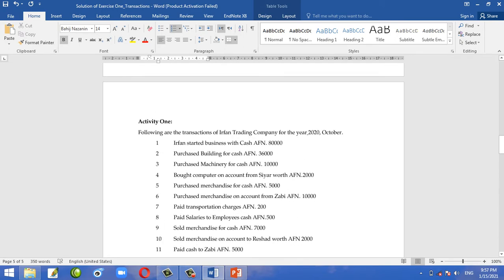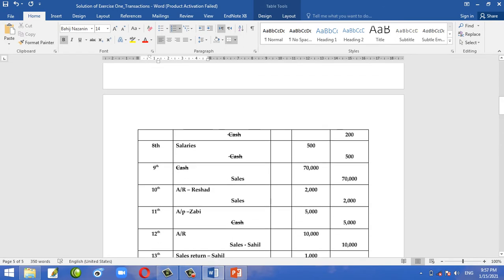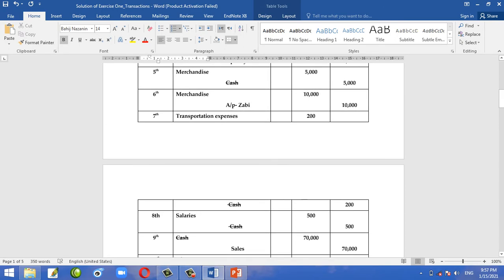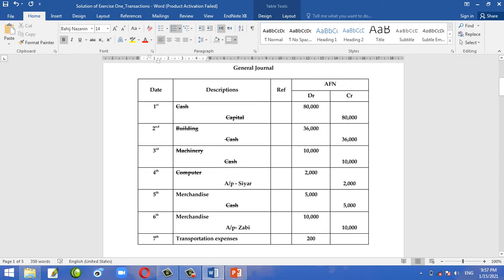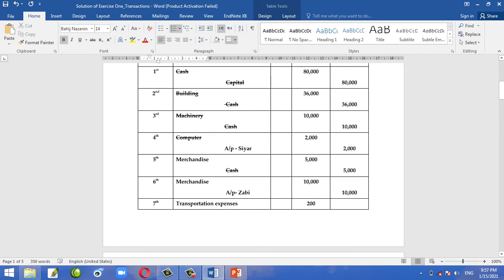So now come to account payable. All the account payable accounts should be written there. Do we have account payable here? No, we have account payables here. You can write account payables here and credit 2,000.